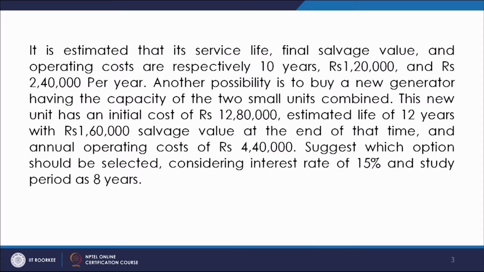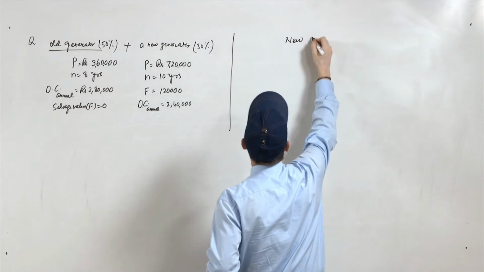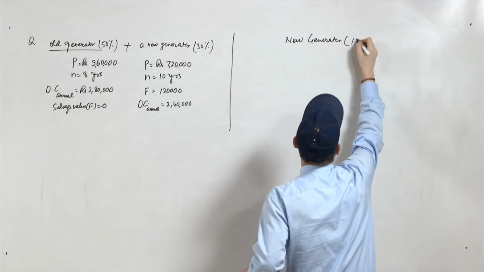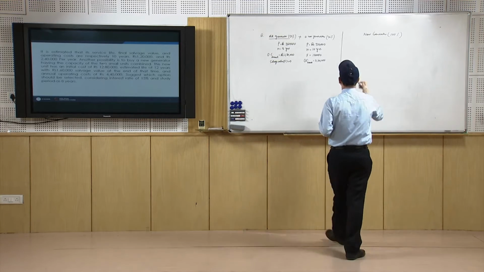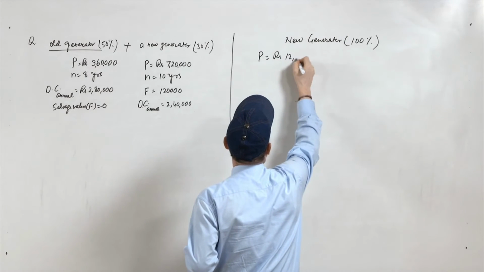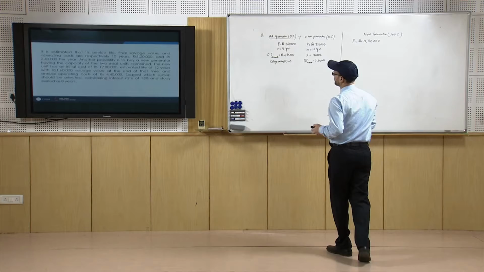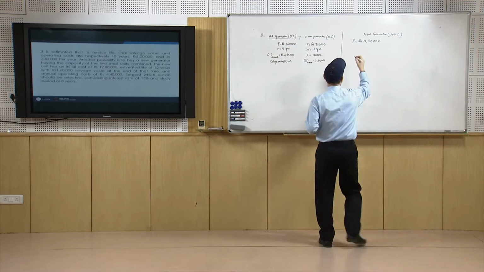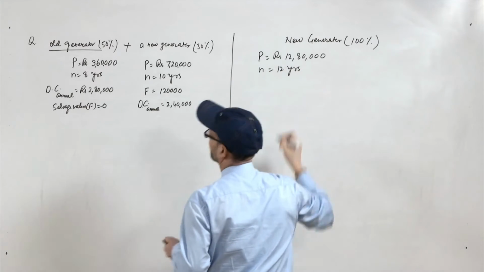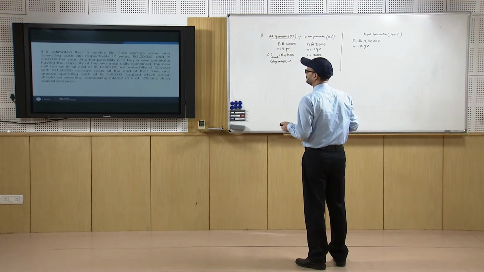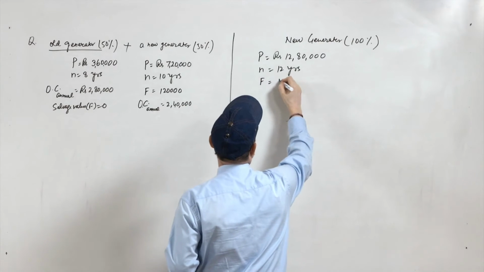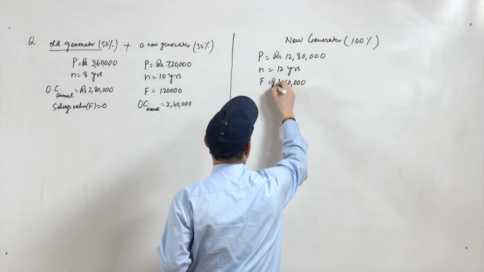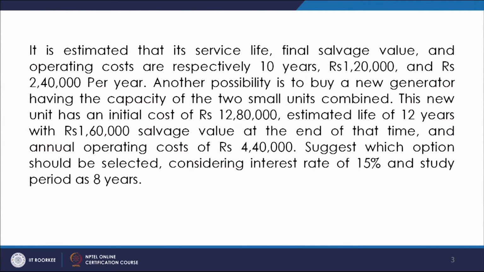It has an initial cost P of 12,80,000, a life of 12 years, a salvage value of 1,60,000 at the end of 12 years, and an annual operating cost of 4,40,000.